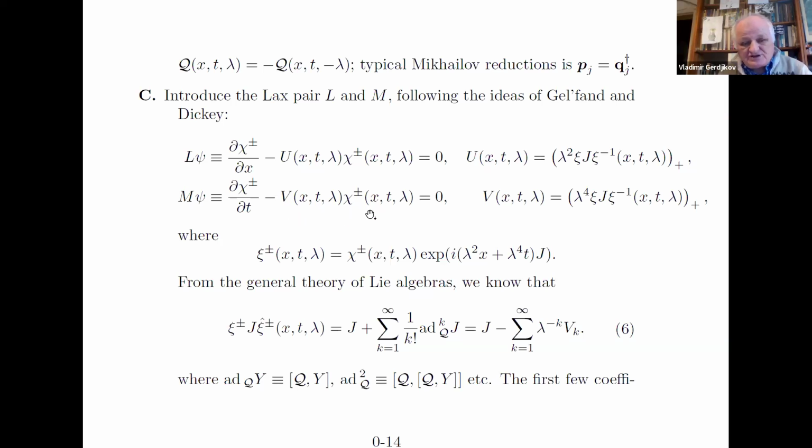For the M operator, we follow again Gelfand-Dickey and take now lambda to power 4 psi j psi inverse, and again take the polynomial part only. And here we remind that psi plus minus were the fundamental analytic solutions of the Lax operator, L, multiplied by some standard exponentials here.